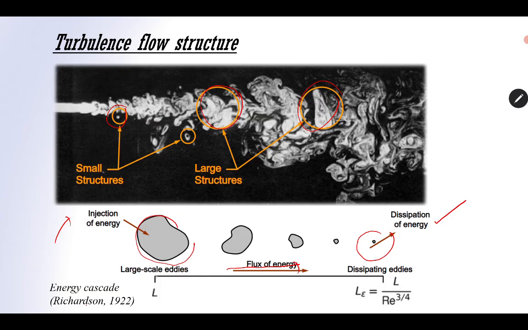The dissipation of energy occurs at the end of the flow. That's why it is important to make sure our simulation settings are correct, so that the turbulence model we choose is the correct one and can capture the problem that we want to simulate.